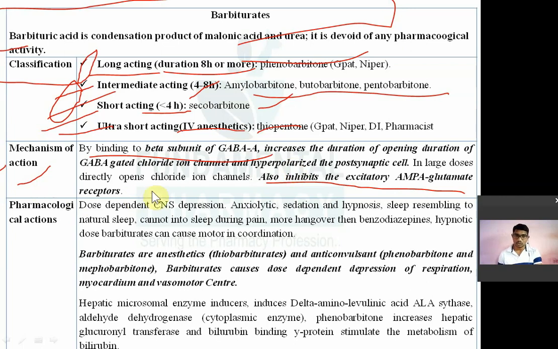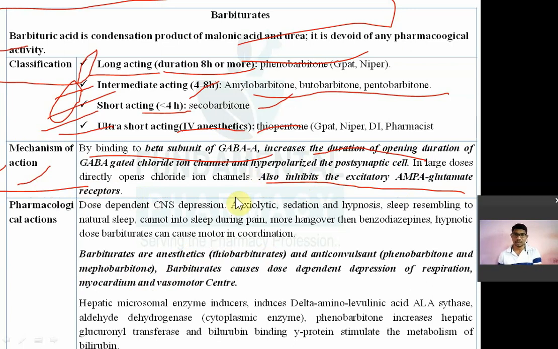Initially they increase the duration of opening of the GABA gated chloride ion channel and hyperpolarize the post-synaptic membrane, which leads to a depressant effect. But in large doses, they can directly open the chloride ion channel, inhibit excitatory neurotransmitters like glutamate, and also potentiate the action of GABA.